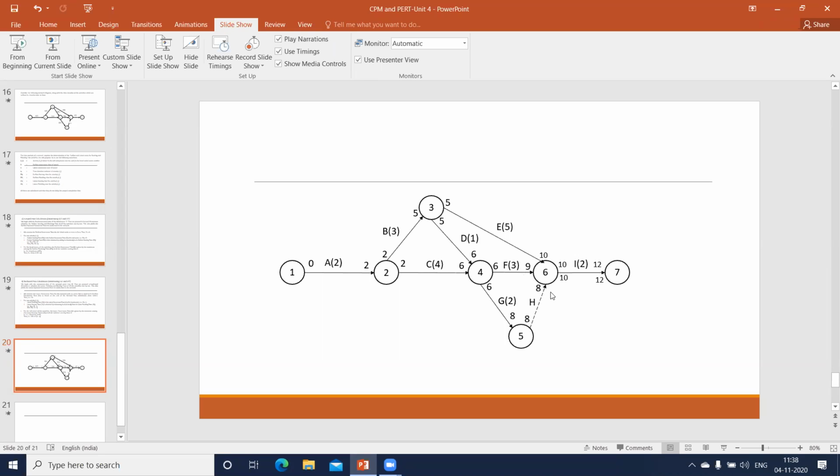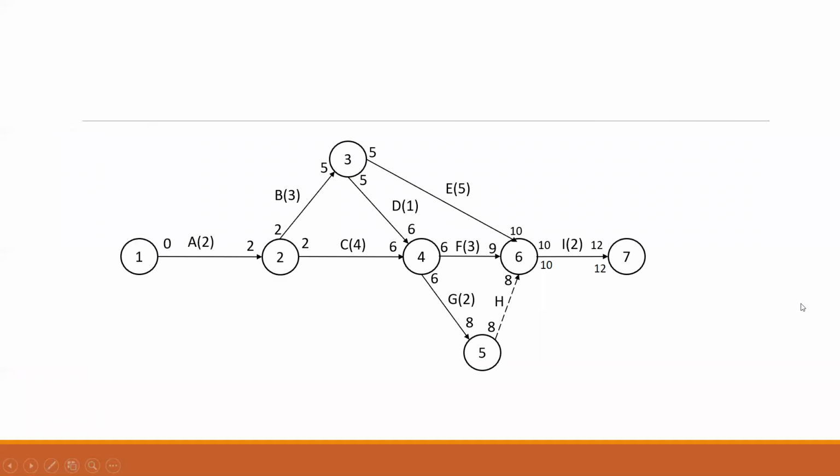So all these three arrows below this, I'll have 10. If I keep 10 here, 10 minus 5 is going to give me 5 here. If this is 10, here I'll get 10, 10, and 10 here. 10 minus 0 will give me 10 here, because H does not have any duration.